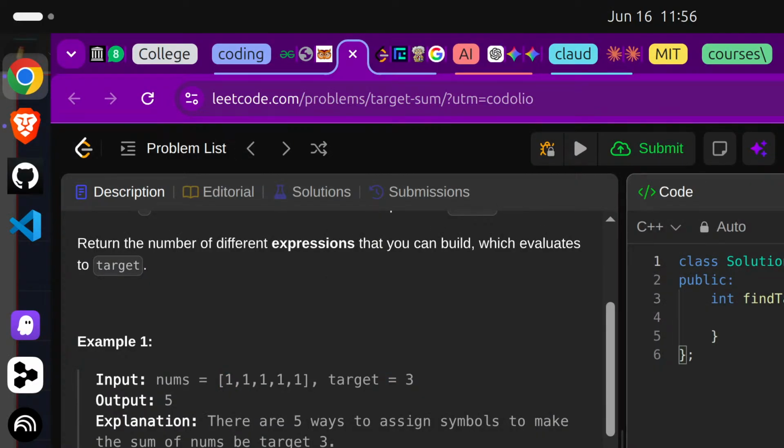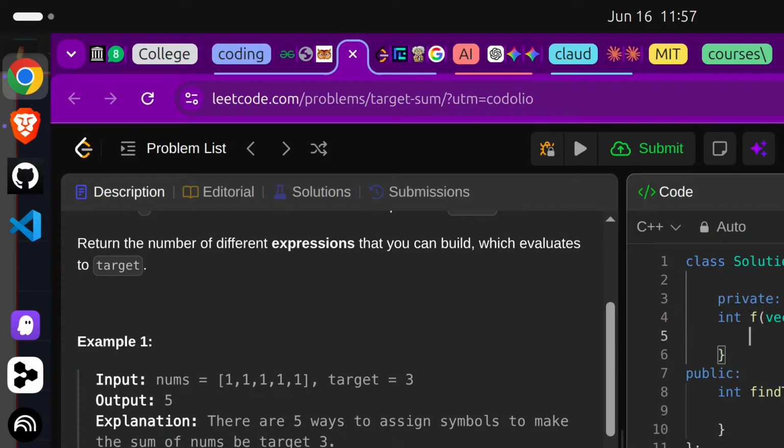We will have a function here, right? Yes, we have integer i, we have integer target. Also we have integer a.